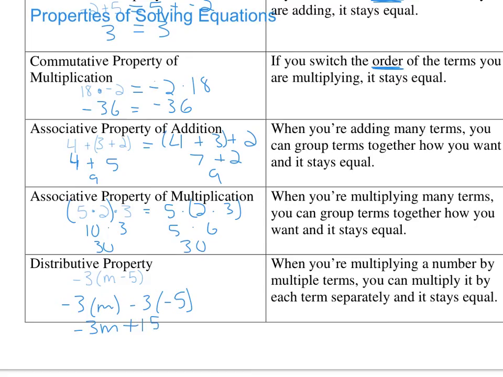So instead of trying to multiply the -3 by the whole chunk in one fell swoop, I multiplied the -3 by each part, and it turned to -3m plus 15, and it's going to be the same thing as what is in the parentheses that we started with.